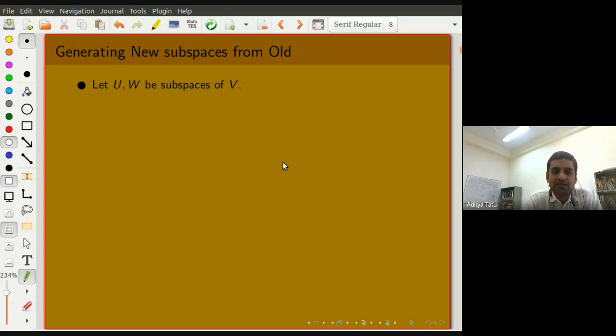So let's say we are given two different subspaces of the vector space V. How can we generate new subspaces from these two subspaces U and W? Of course, the first way to try and see if we can get a new subspace is just to take the union.